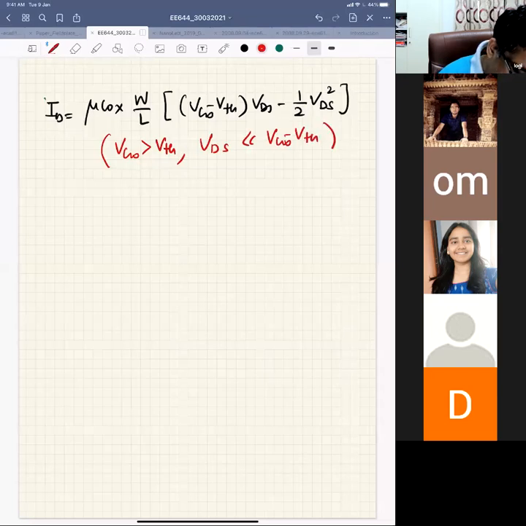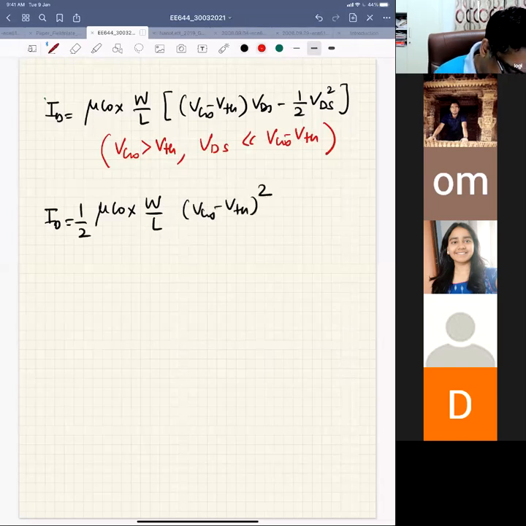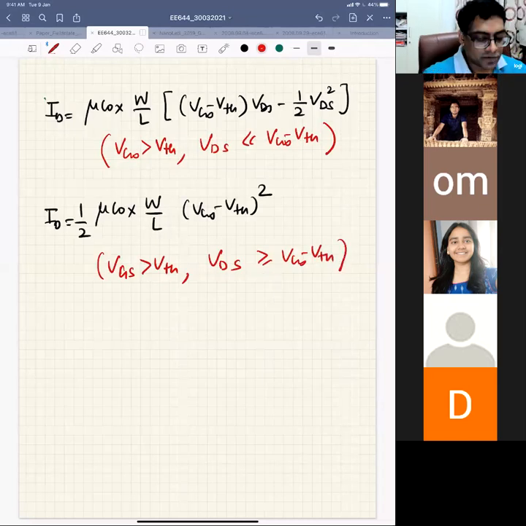And I have another equation, mu Cox W by L times half (VGS minus VTH) squared, where VGS is greater than the threshold voltage and VDS is also greater than VGS minus VTH. This is my saturation region of operation, and the other is the linear region.